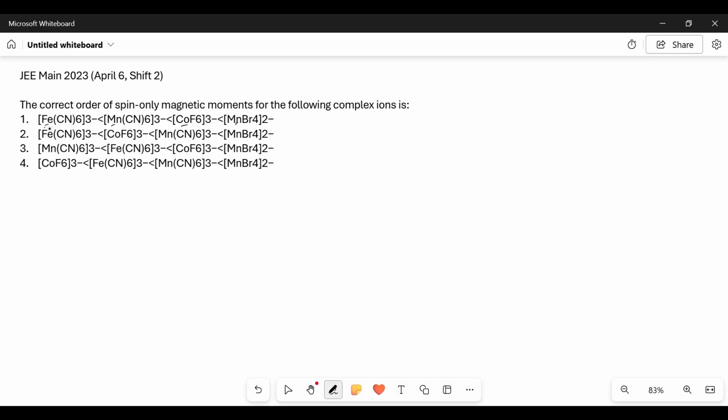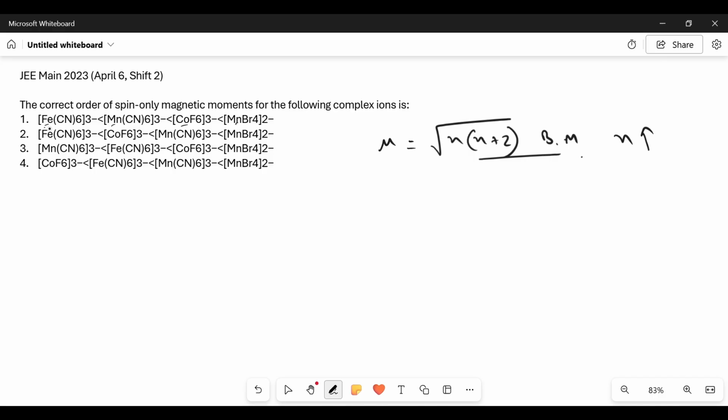Now see, if you know which one is the strong field and which one is the weak field ligand, you can easily get the number of unpaired electrons with the help of VBT or CFT. And more unpaired electrons means the magnetic moment value is also more, because we already discussed the formula of spin only magnetic moment, that is mu equal to root over of n into n plus 2 Bohr magneton.